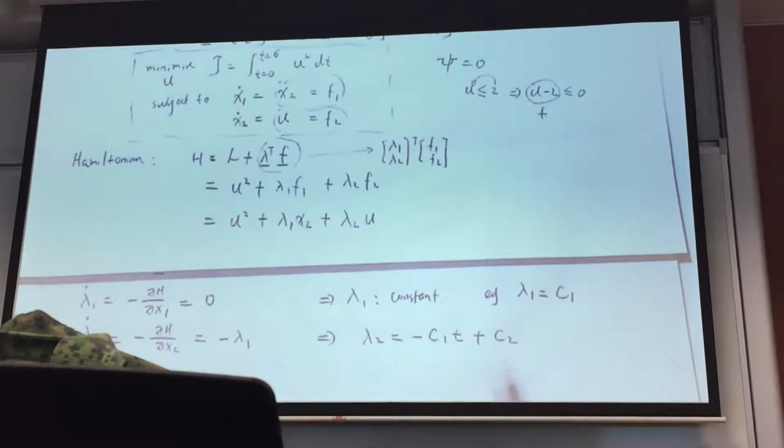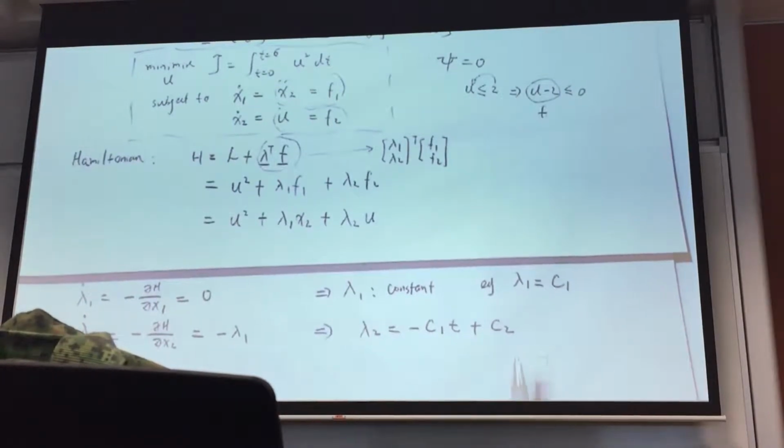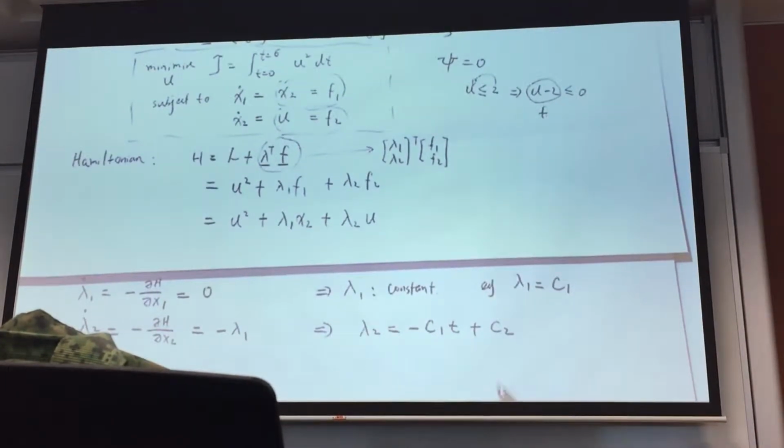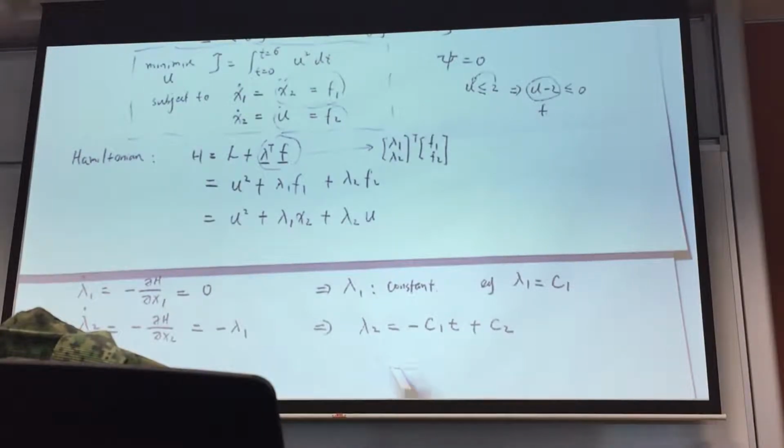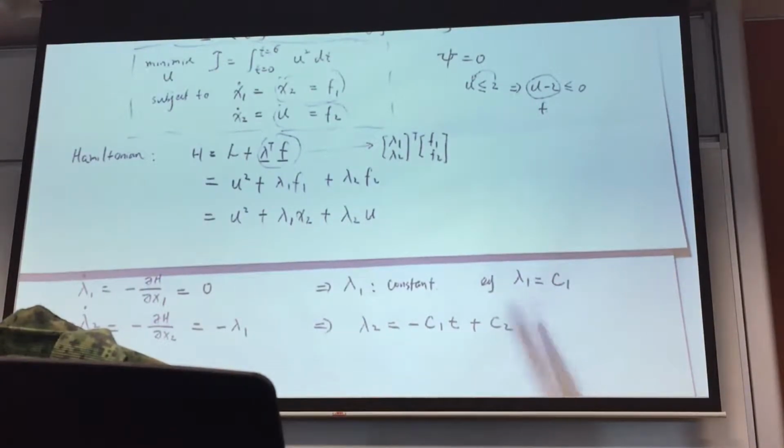Here we have these two constants, but we don't know their values. But we know lambda 1 and lambda 2 will follow this form: lambda 1 will be a constant, and lambda 2 will be a linear function.